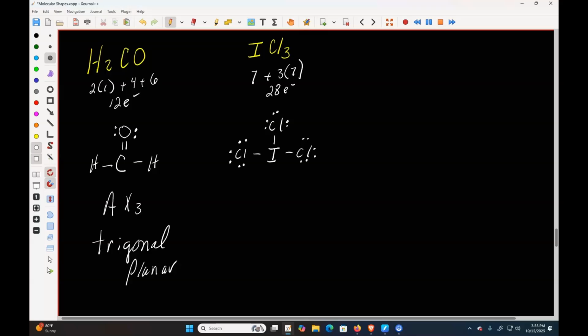That's 24 electrons. 25, 26, 27, and 28. So this is going to be an AX3E2, which will be T-shaped.